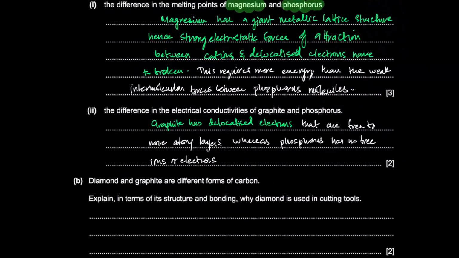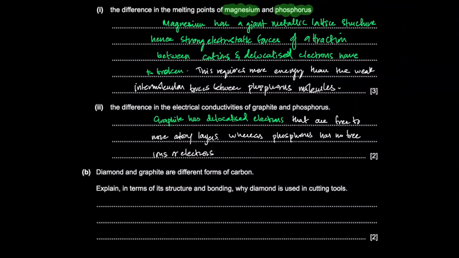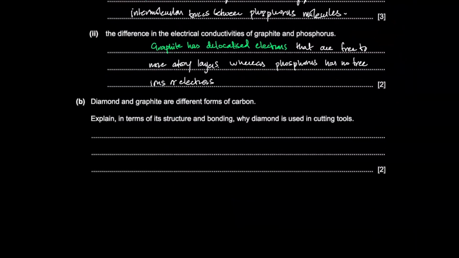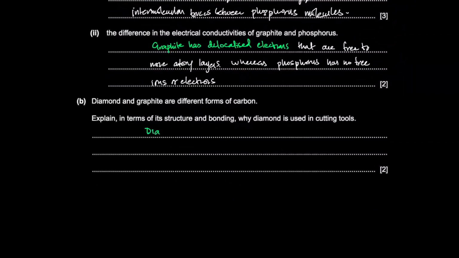Diamond and graphite are different forms of carbon. Describe in terms of structure and bonding why diamond is used in cutting tools. So diamond has a macromolecular, giant covalent structure with strong covalent bonds between all the atoms.